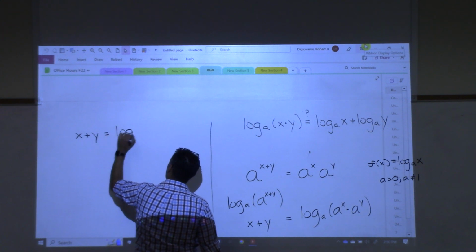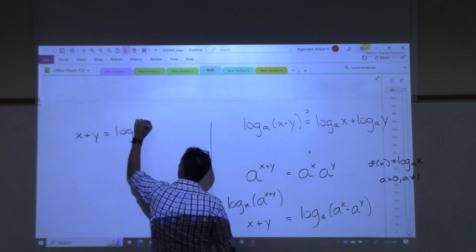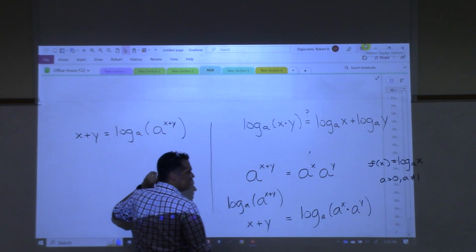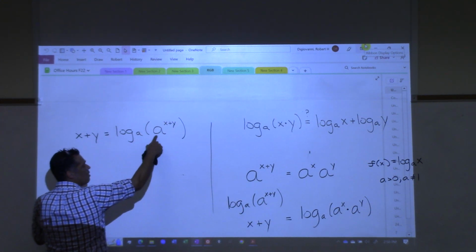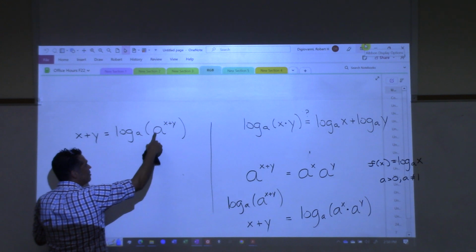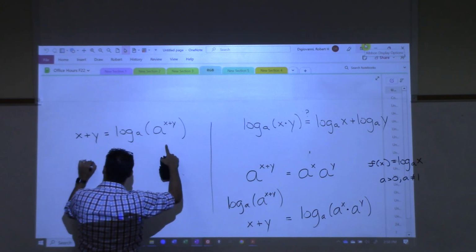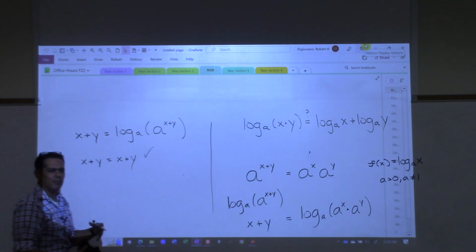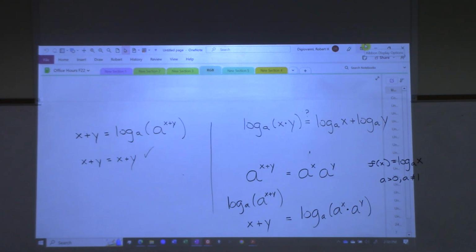You're saying change that to a to the x plus y? And then these will kill each other off now, right? And then you just get x plus y equals x plus y, which is true, but we haven't proven anything, have we? We've just shown that x plus y equals x plus y.